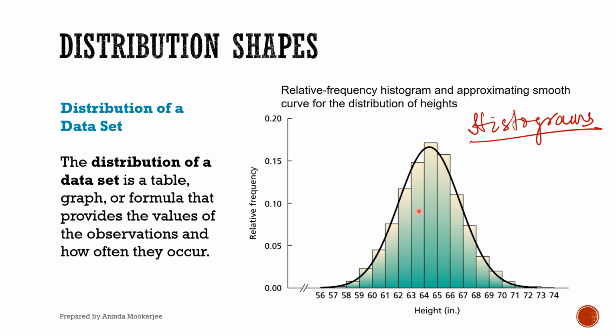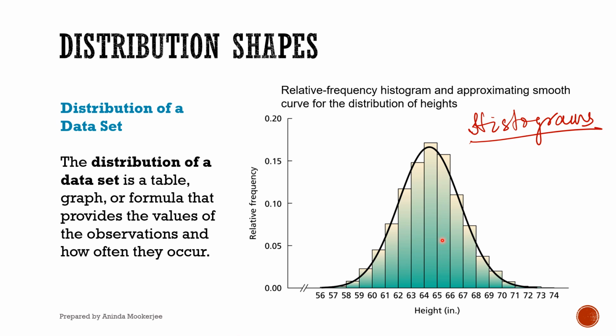The way we go about it is we create a frequency table, find out the frequency of observations for the different values, and then from it we create a histogram, and then we superimpose a curve over the histogram. And generally what statisticians do is remove the vertical bars, the histogram, and just keep the curve. So that's why we see a picture of a curve.